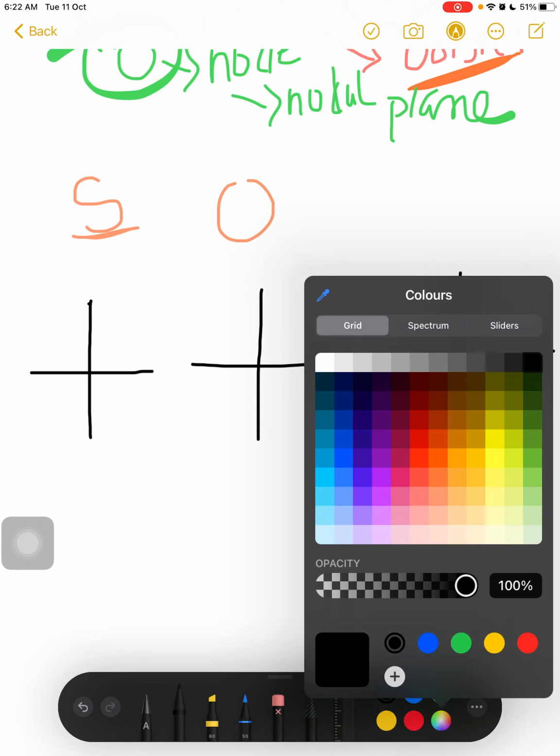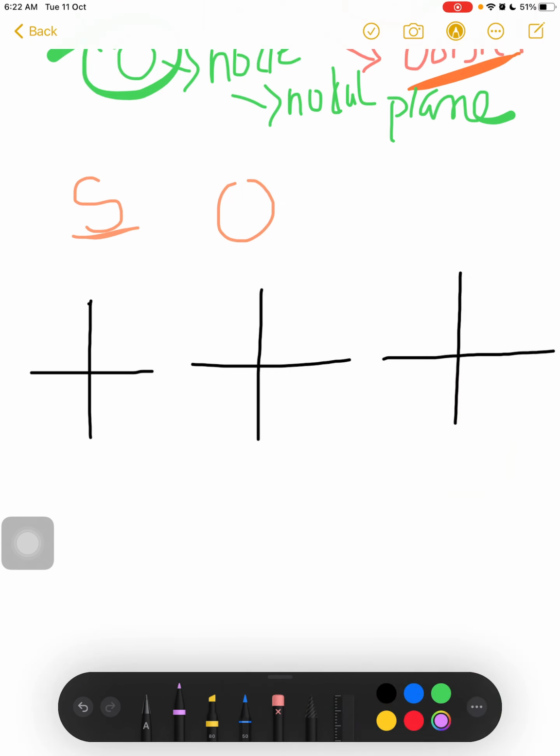Okay, let's take this color. So this is spherical, right?